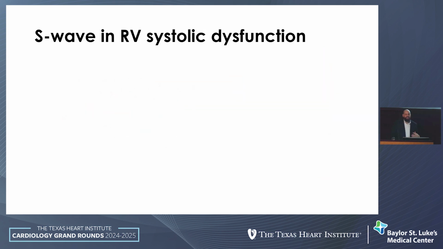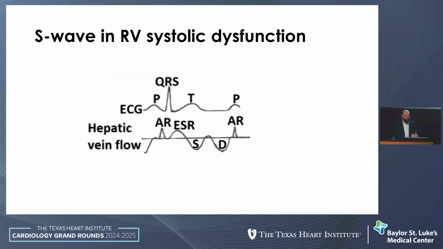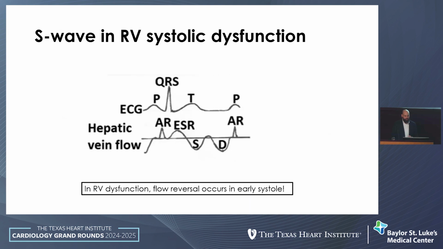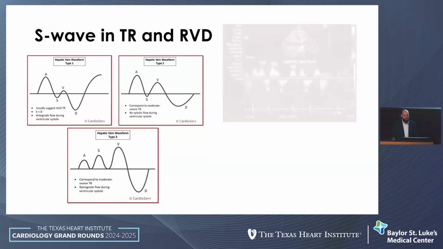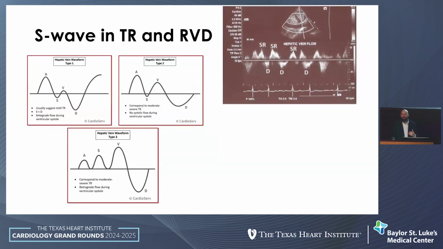And so again, it increases as systole progresses. But if you have predominantly RV systolic dysfunction, you have a weak RV, and so you see that systolic reversal early on. So this is early systolic reversal. However, again, these entities always occur together, and so when you have early systolic reversal with late systolic reversal, you tend to see what's known as pansystolic or holosystolic reversal, or those biphasic waves that I told you about.